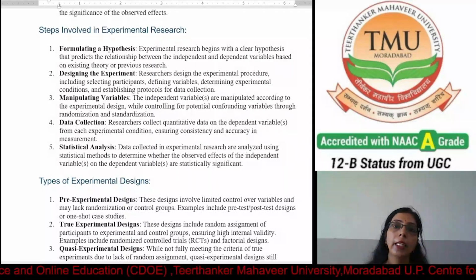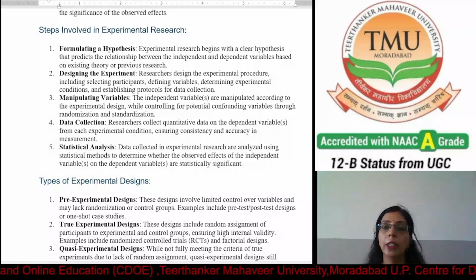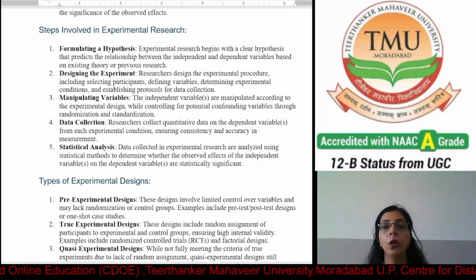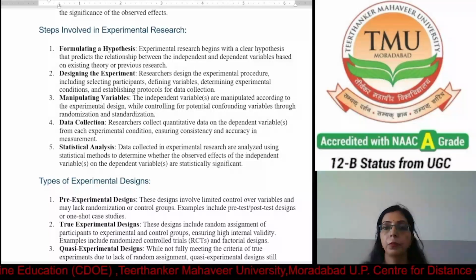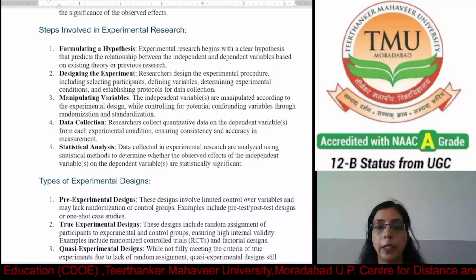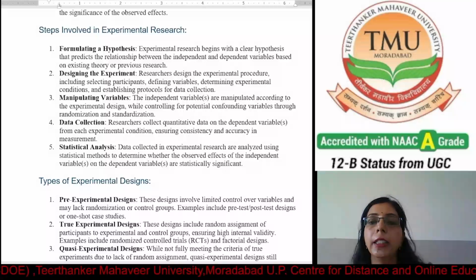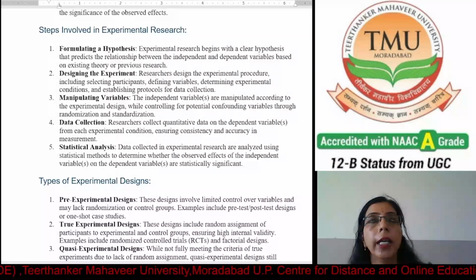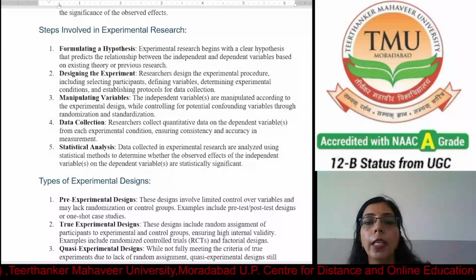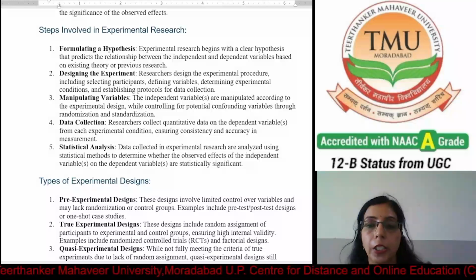Process of applying these controls is basic to the experimental design or layout of the experimentation.